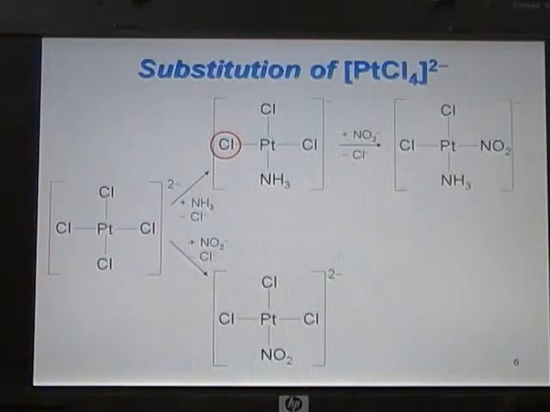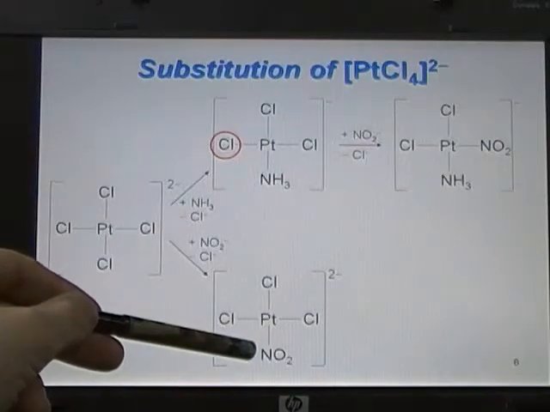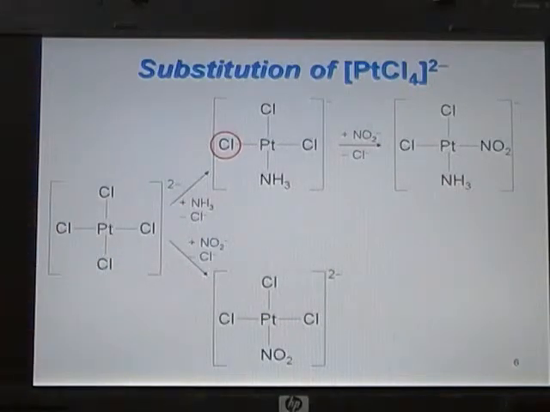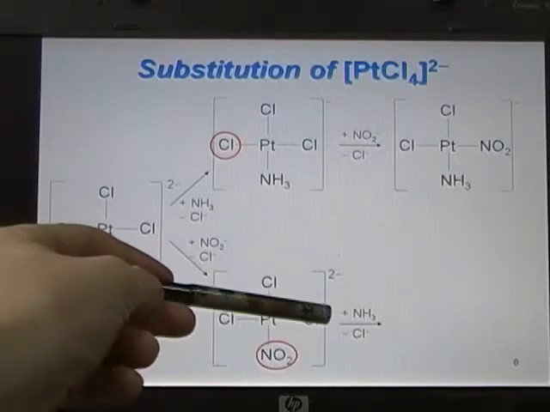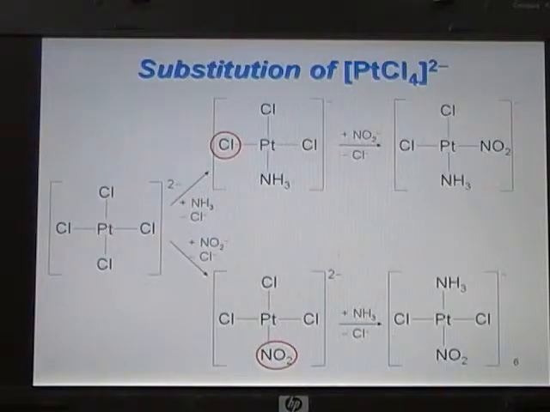Now we have to decide whether NO2- or Cl- is the better trans director. If you look back in your notes, you will notice that NO2- is the better trans director, so it should displace this chloro ligand. Let's add some NH3 and remove the Cl-. That should reduce the charge on the ion by 1, and you should get this compound.